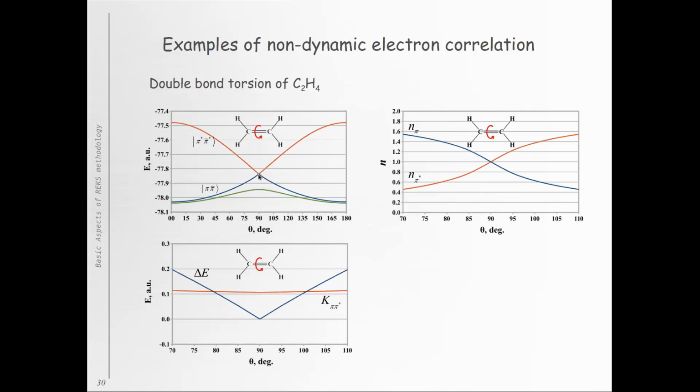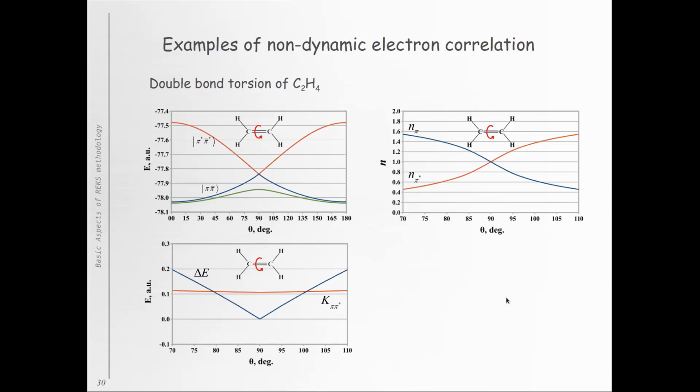Standard single reference description would produce simply a cusp at this crossing point between the two configurations. But two configurational description produces a smooth potential energy curve. So this is another example, again, of a symmetry forbidden reaction or dissociation reaction.